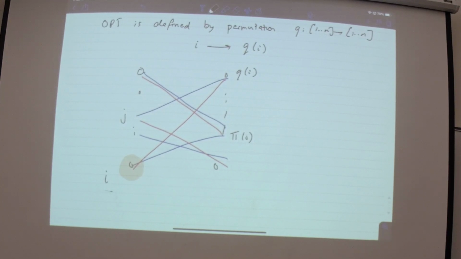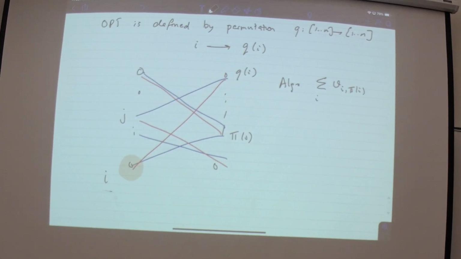So I'm going to add up all the blue edges, which is the cost of the algorithm, right? And I can write this as, the algorithm cost is equal to the sum over I of V of I, comma pi of I. Is that right? Yes? Okay.